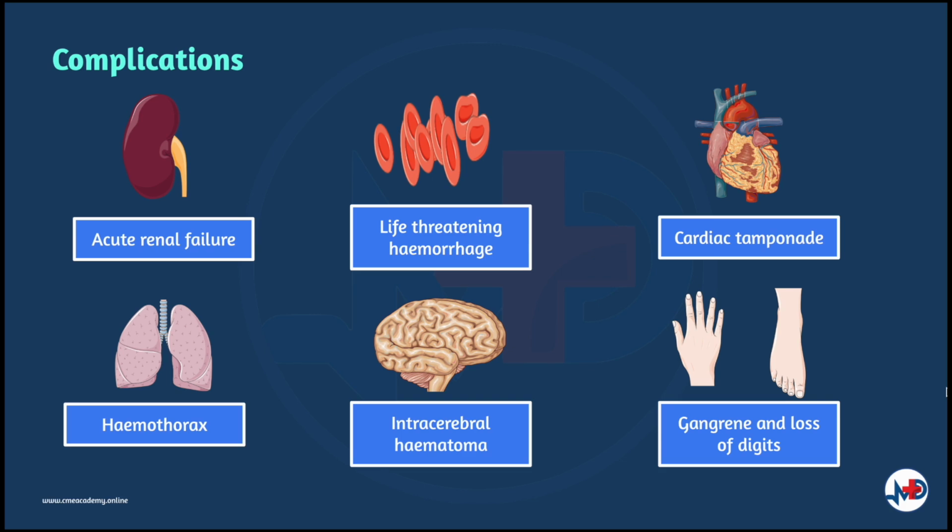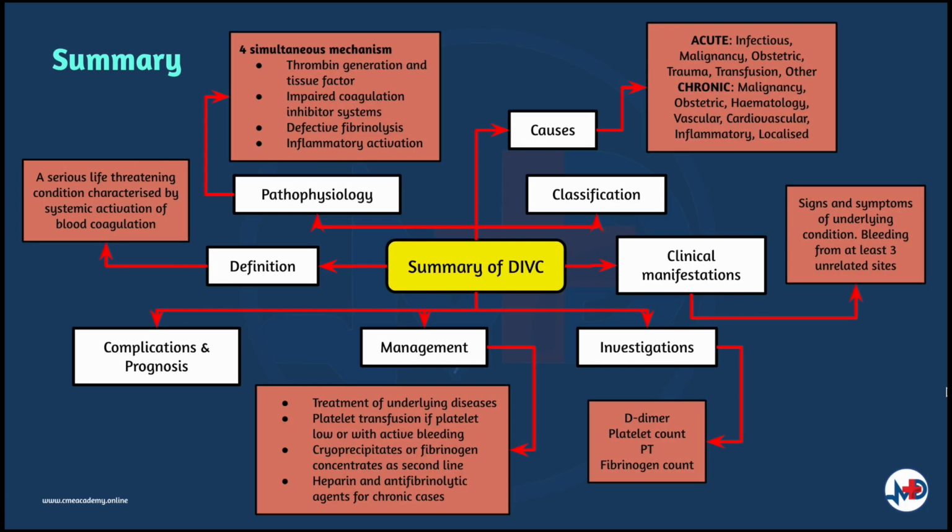So in summary, DIVC is a serious life-threatening condition characterized by systemic activation of blood coagulation, where there are 4 simultaneous mechanisms that occur, which are thrombin generation and tissue factor, impaired coagulation inhibition system, defective fibrinolysis, and inflammatory activation. The causes can be divided into acute and chronic.